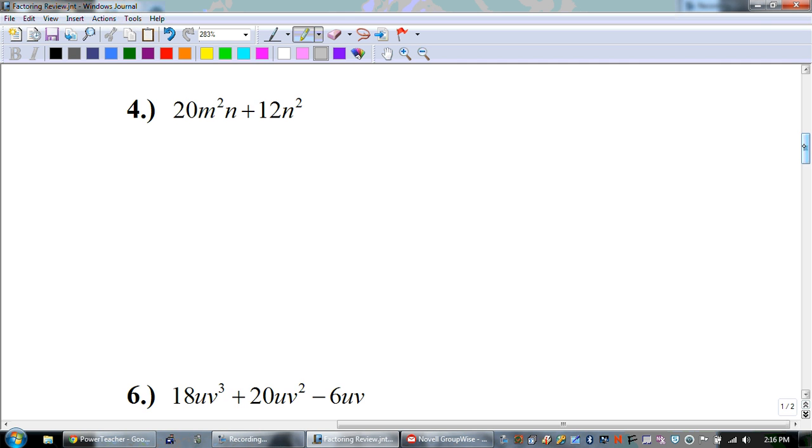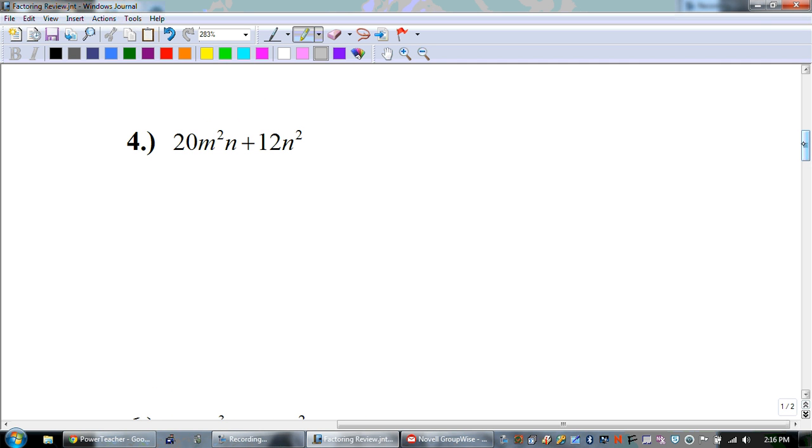All right, number 4. Remember, always check for a GCF. If you don't know what the GCF is, you should be breaking down the factors. But for this one, 4 goes into both 12 and 20. And then the most I can take out for variables is 1n.